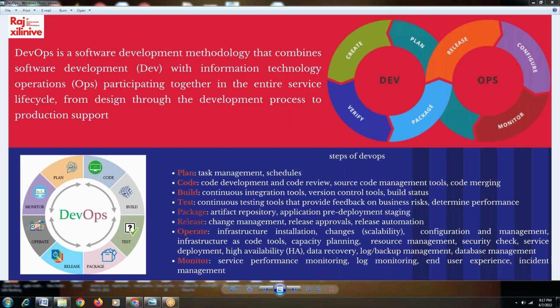DevOps implementation along with agile is one category. DevOps implementation without agile, listen carefully, is a different thing. Agile implementation of a project where you involve DevOps is one category. Traditional application development where you follow DevOps practices is the other. Okay, two different categories you need to understand.